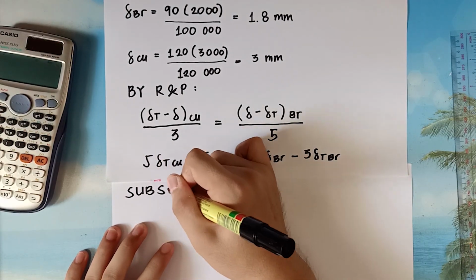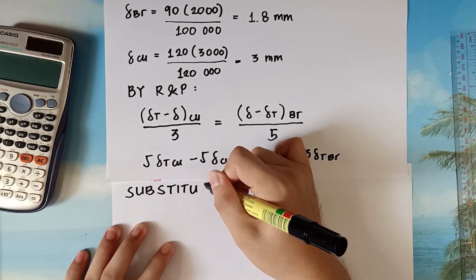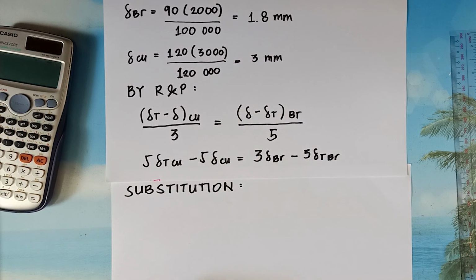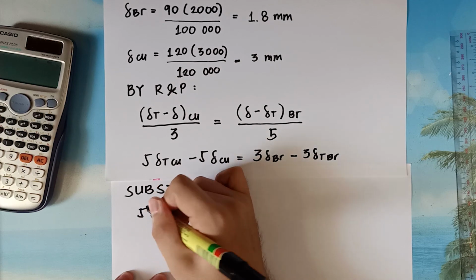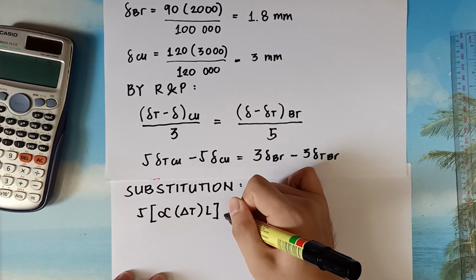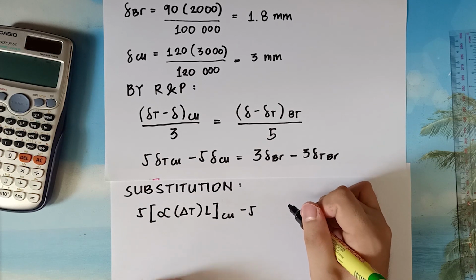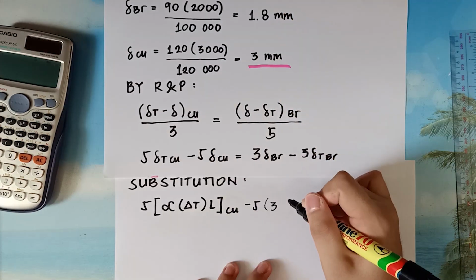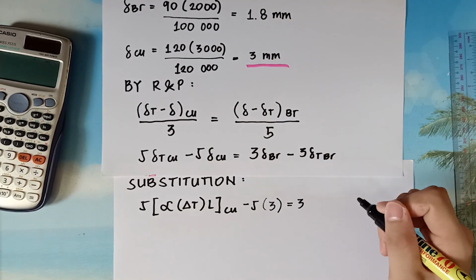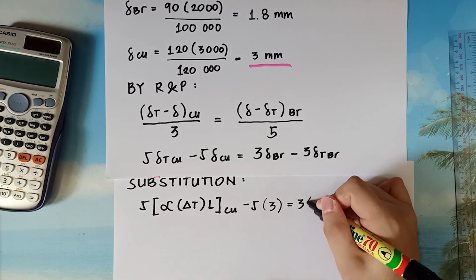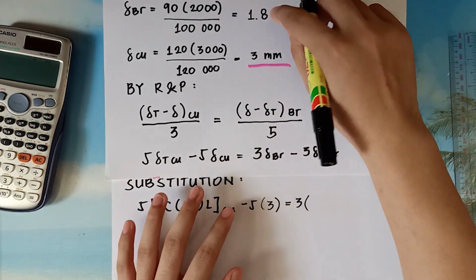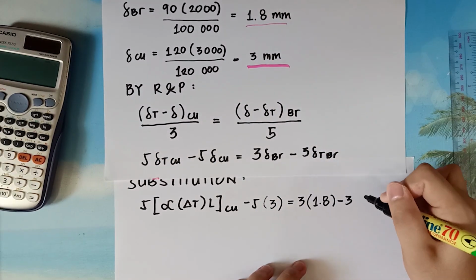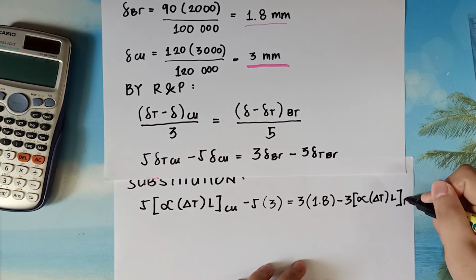We will be substituting these values into our equation. We have 5 times the thermal strain of the copper minus 5 multiplied by the strain of the copper, which we solved earlier, which is 3 millimeters, equals 3 multiplied by the strain of the brass, which we also solved earlier, which is 1.8 millimeters, minus 3 times the thermal strain of the brass.